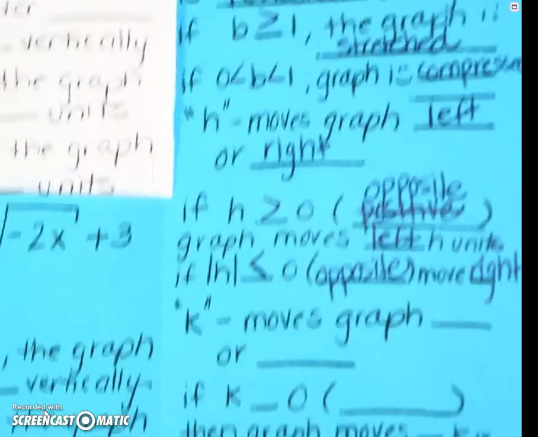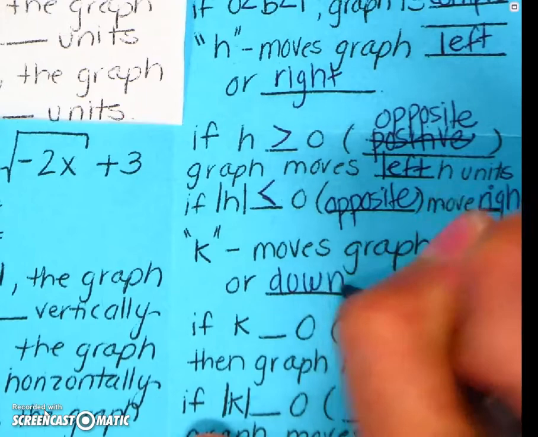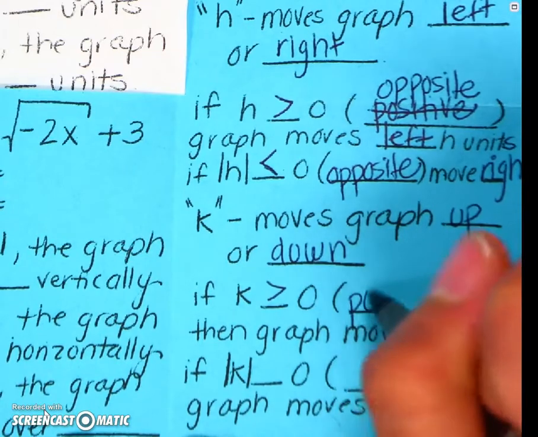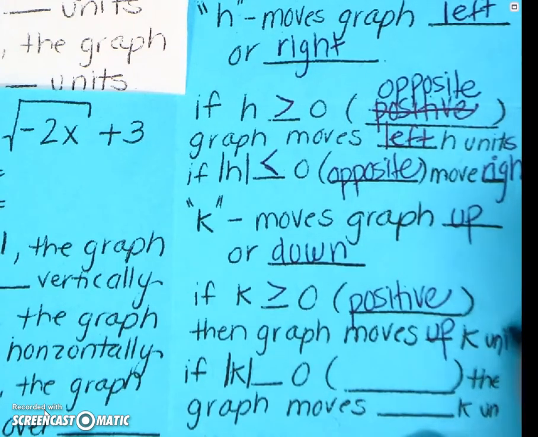Okay, k moves the graph up or down. If k is greater than 0, if k is positive, then the graph moves up k units.